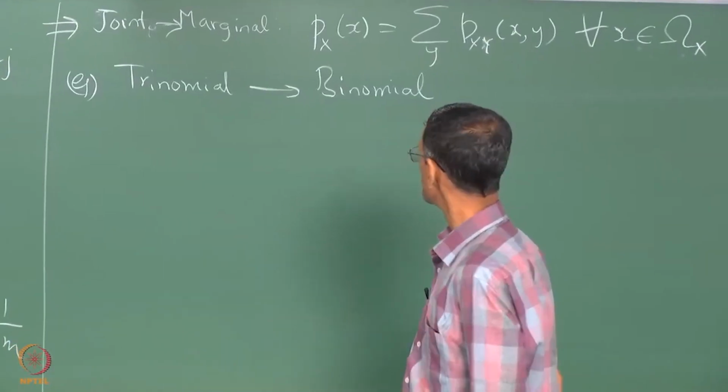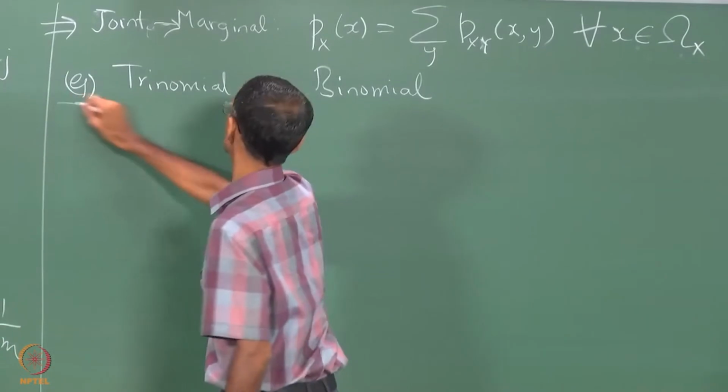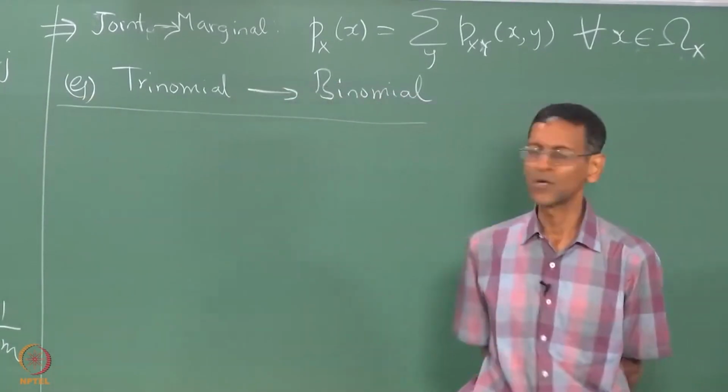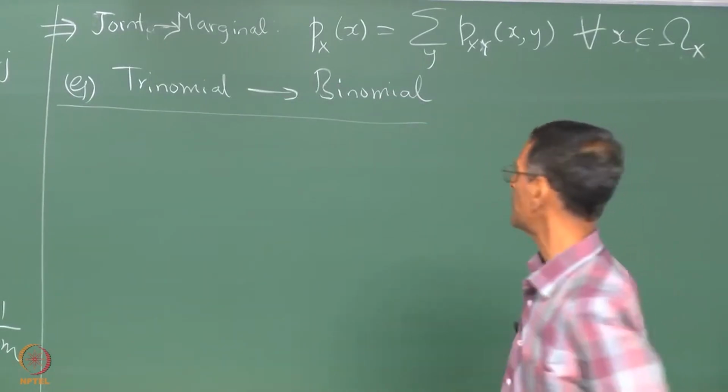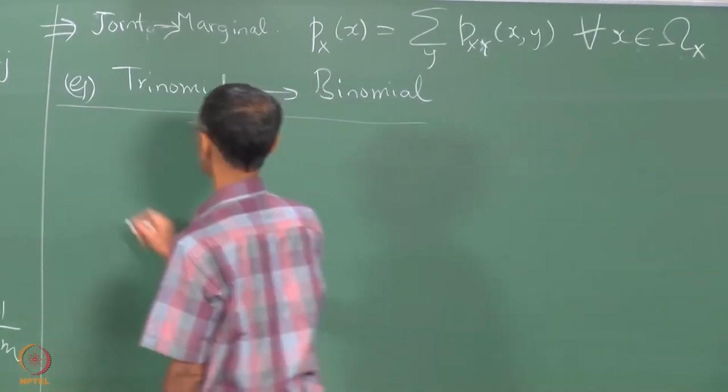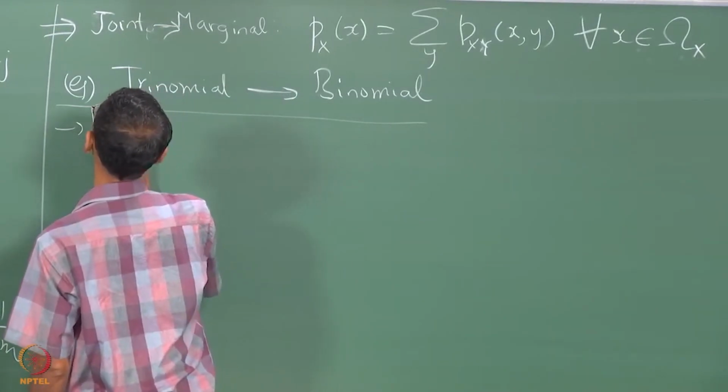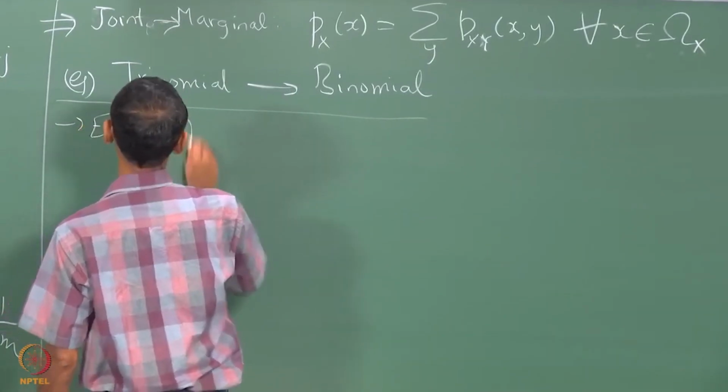So, we move on with today's material. Now that we have defined all these random variables x and y and so on, what events can we look at? Some events of interest.